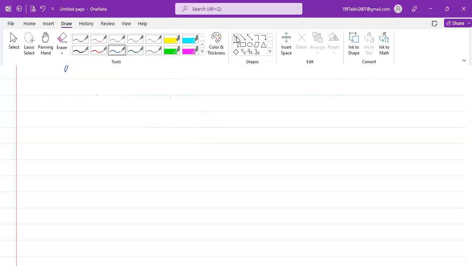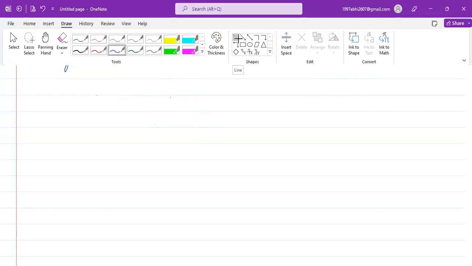let's learn the first part of this chapter, that is trigonometric ratios. In trigonometric ratios, we compare the sides of the right angle triangle. Let's take a right angle triangle.